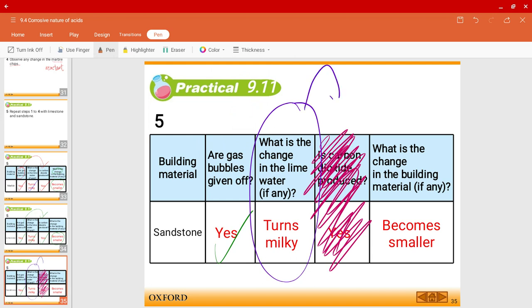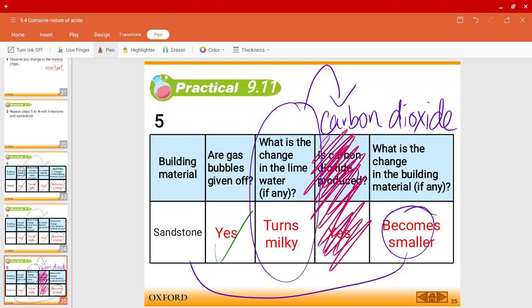The only possible conclusion is carbon dioxide. So this is a technique to tell you that carbon dioxide is given off, and you can confirm it from the lime water. What is the change in the building material? It becomes smaller as well. The sandstone would become smaller.